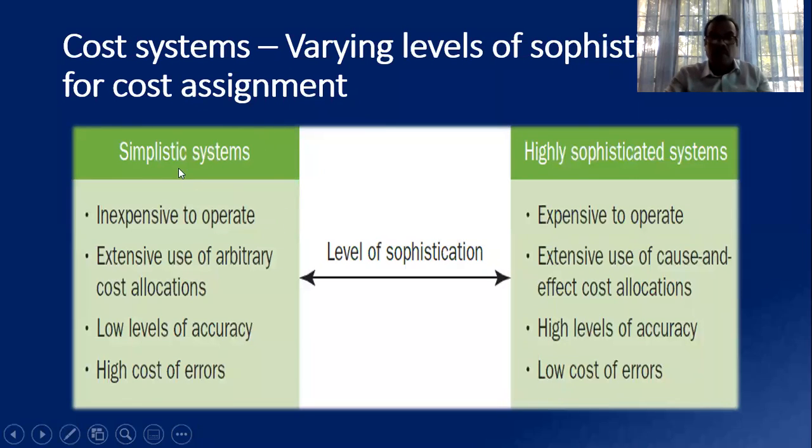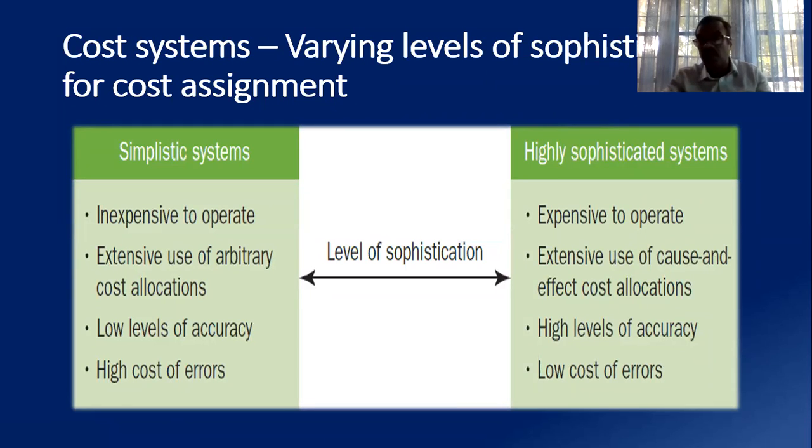However, finally, we can see different types of costing systems depending on the sophistication of the cost side. You can take the same example, starting from the lunch packet selling in front of the university to the 5-star hotel. As far as the processes are concerned, that mother's lunch packet is not complex, not sophisticated.